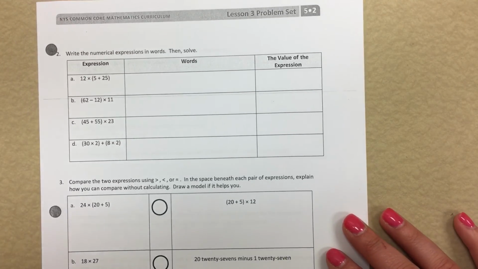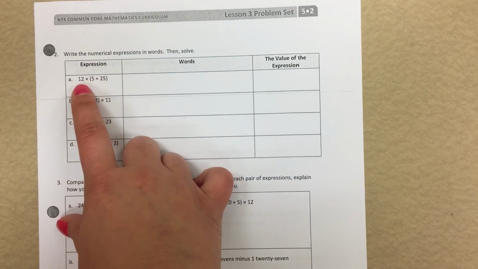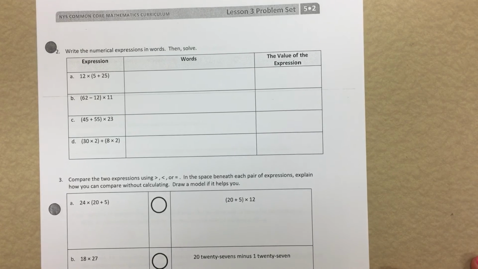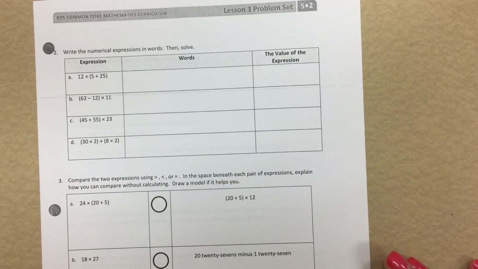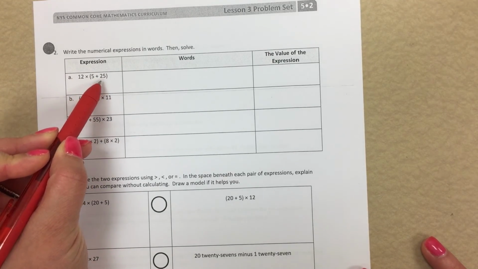Number 2 wants you to write the numerical expression in words. So now you're working backwards. So when I look at this expression, 12 times 5 plus 25, I would have to say in my head, well, how am I going to write this so that I'm telling people they have to do this first?